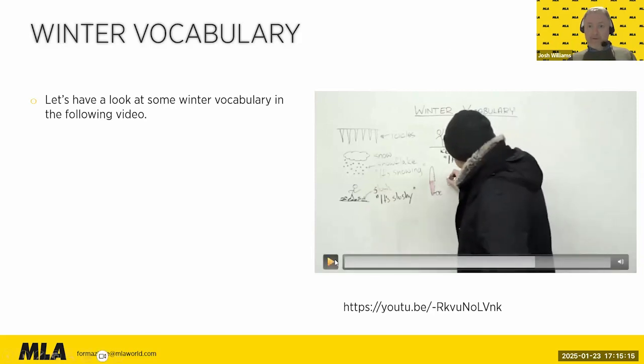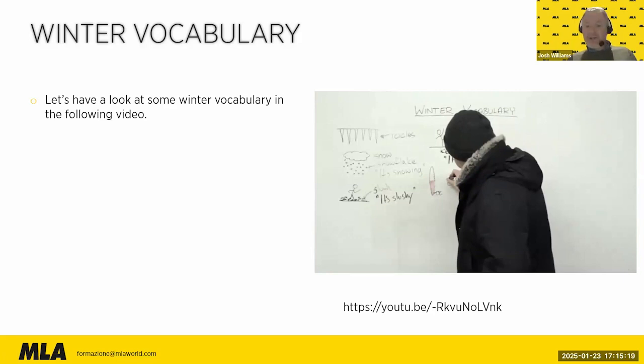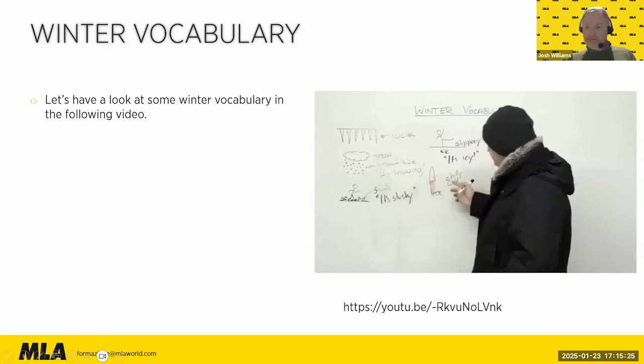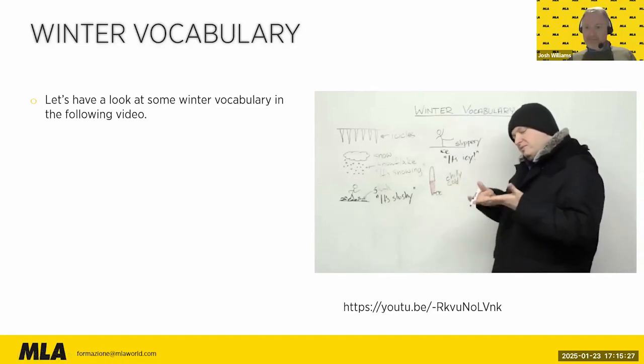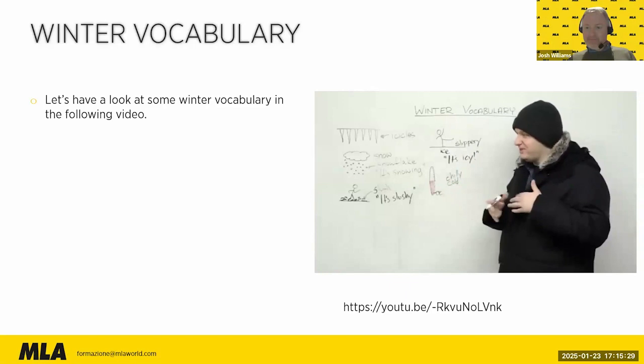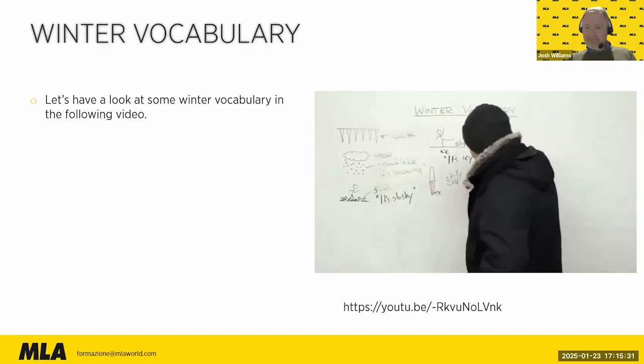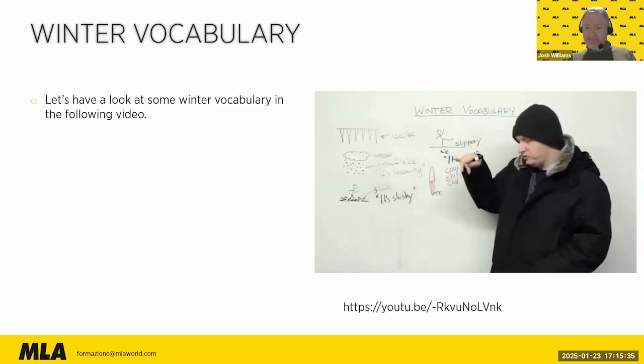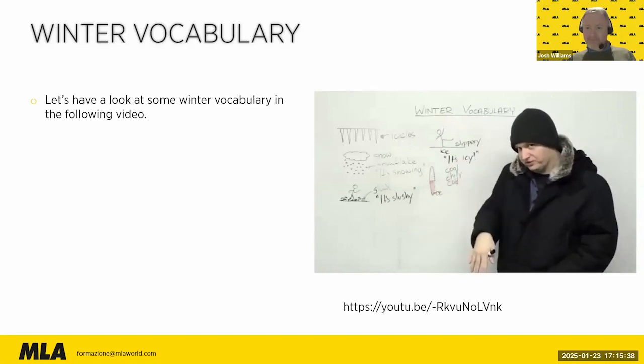We say chilly. Feel free to respond in the chat if you know the words that he's going to say. It's chilly. Okay, what's a little bit warmer than chilly, but still not warm, is cool. So we have cool, chilly, cold.